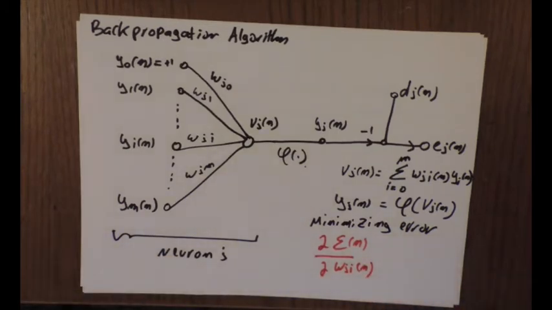So as we see, the instantaneous error is a complicated function, and we need to compute this using chain rule. If we remind ourselves what the instantaneous error is, it's as follows.